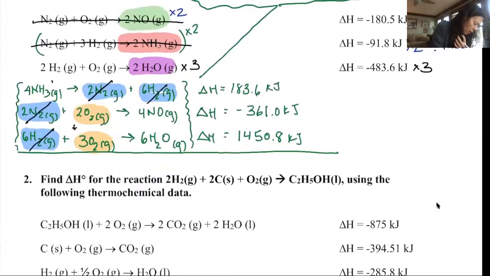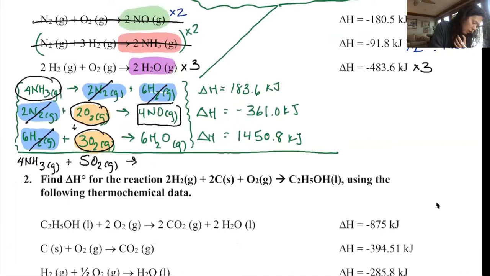So overall, I've got the 4 NH3 gases plus the 5 oxygen gases yields the 4 NO nitrogen monoxide gases and the 6 water vapors.